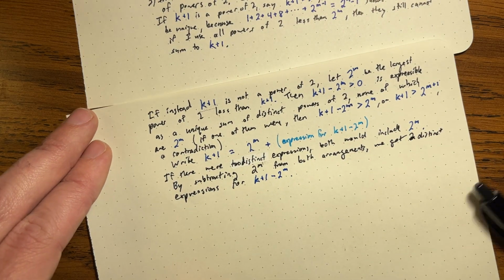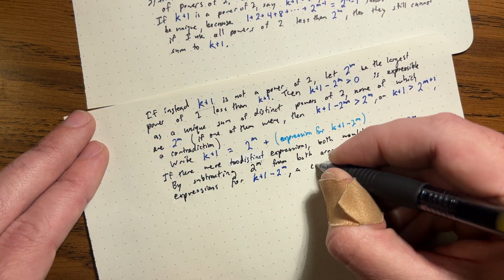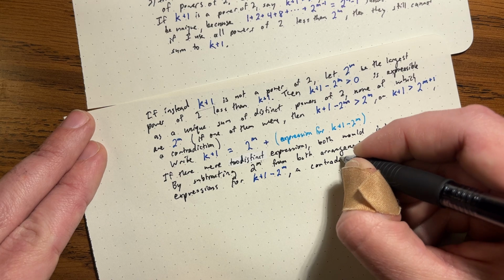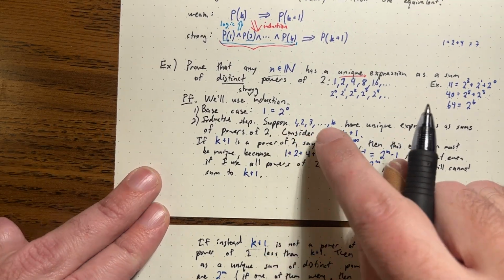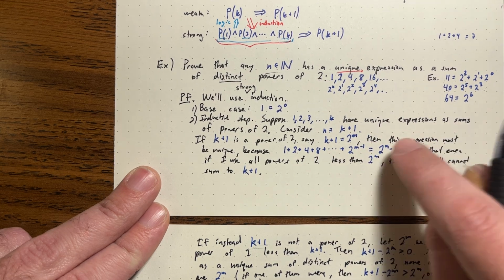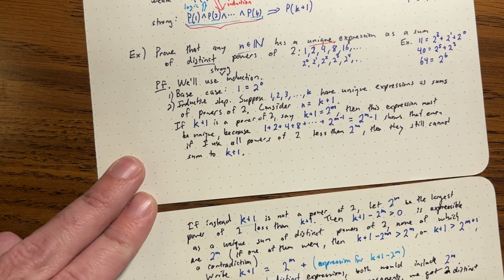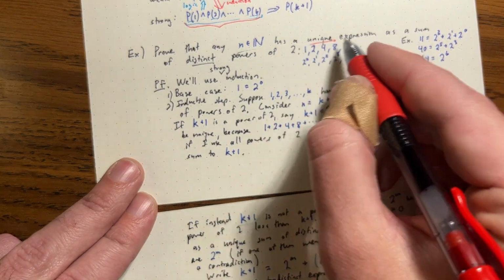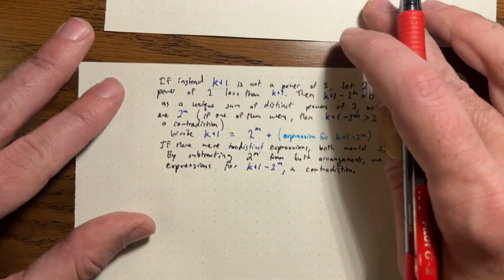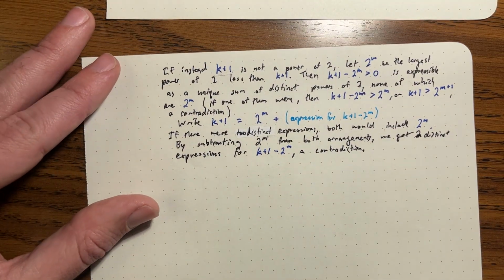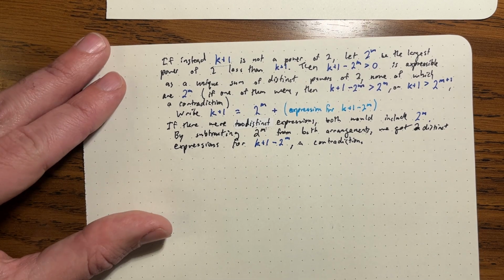But that's a contradiction. Why? Because our inductive hypothesis was that everything up to k has a unique expression as a sum of powers of 2. So unique. We want to include that in our hypothesis, because that's really our statement. And so that's it.